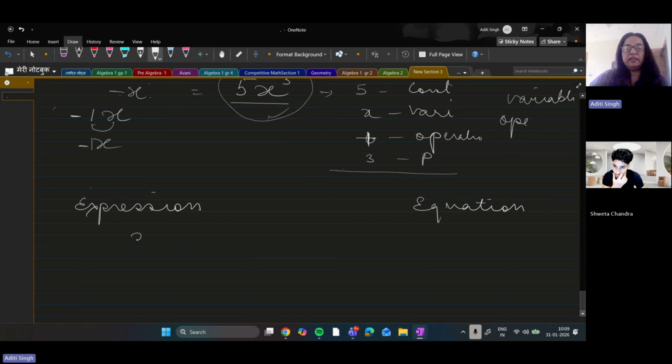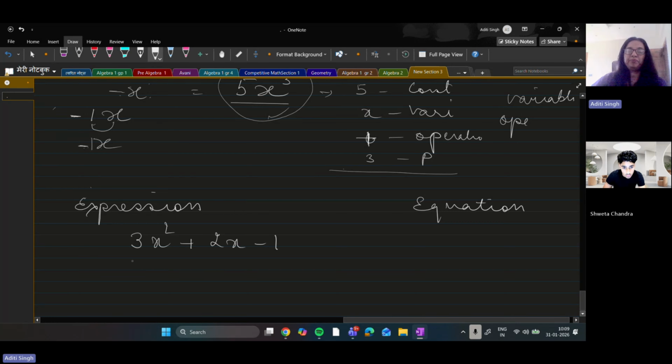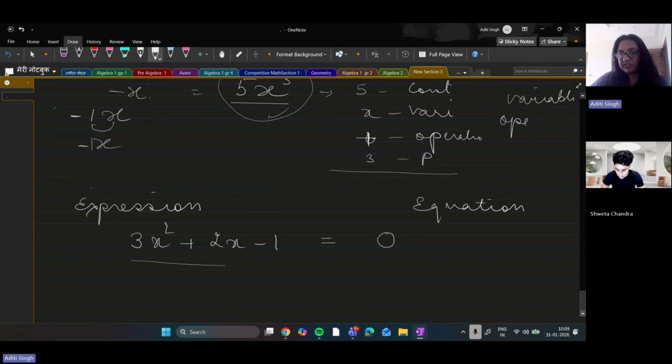They say 3x squared plus 2x minus 1. This is expression. And if you make it equal to 0, if this is an expression and the expression is equal to 0, then it becomes an equation. Right? And by the time you do not have equal to on the side, it is an expression.